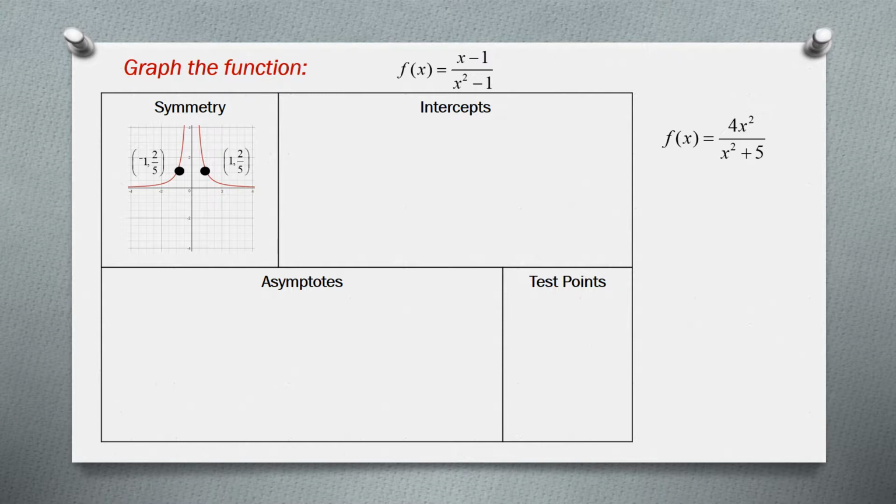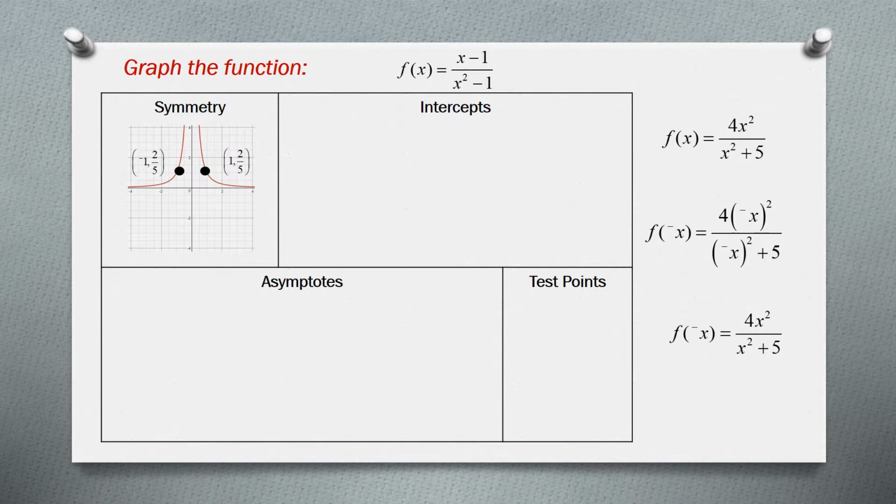Here's a different sidebar equation, if you will. I'm looking at the function f of x equals 4x squared all divided by x squared plus 5. If I observe negative x and how that y will fall out as a result, notice here what happens. I end up with the exact same function when I simplify, because my y is always going to turn out exactly the same when I substitute a negative x.